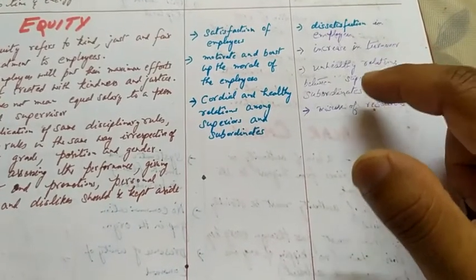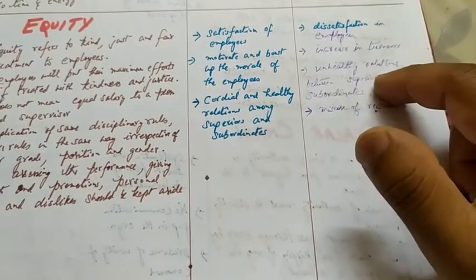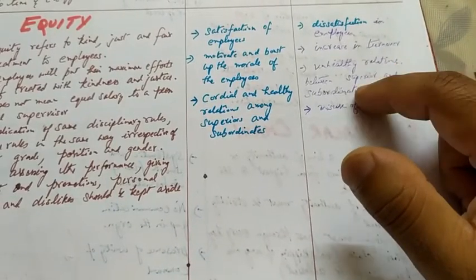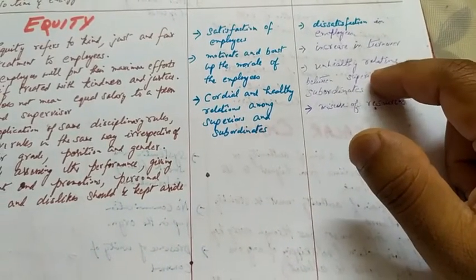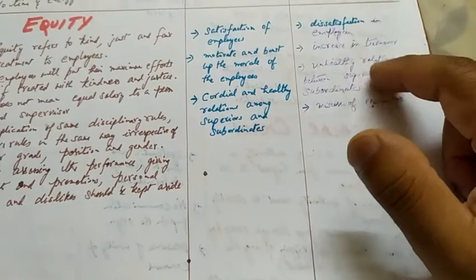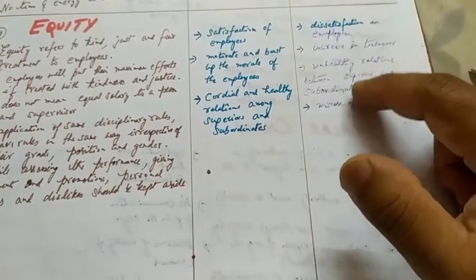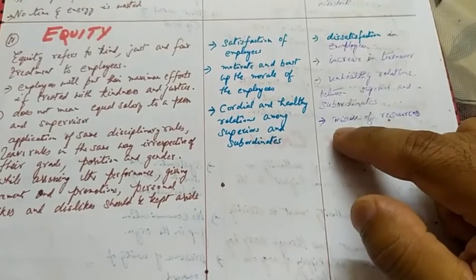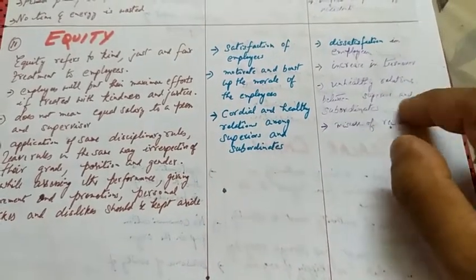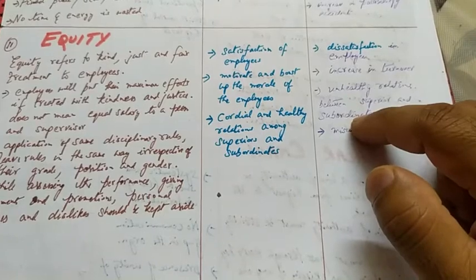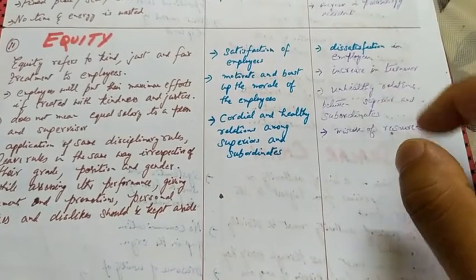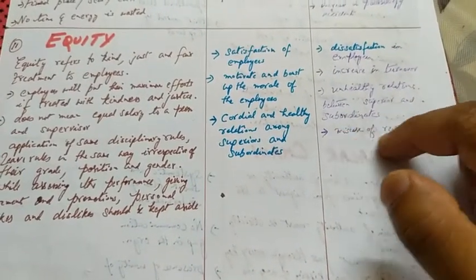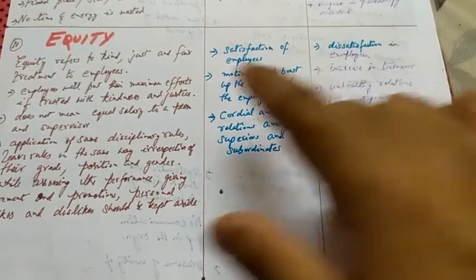And once a subordinate is dissatisfied, the superior wants performance from him, but he may not be able to perform properly, and the superior will again give bad treatment to him. And all this will lead to misuse of resources. The efforts of subordinates and the power of superiors will all be misused when there is no equity.